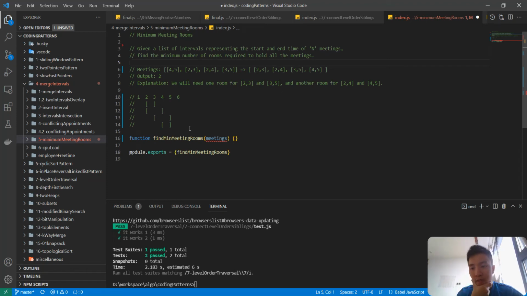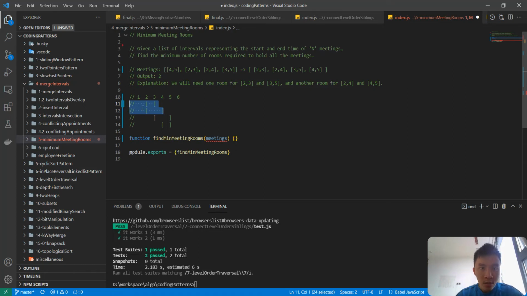And the observation that we can make here is that we cannot use a single room to hold 2 meetings that overlap, right?